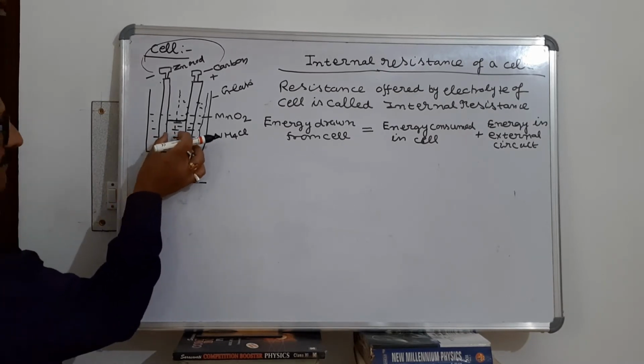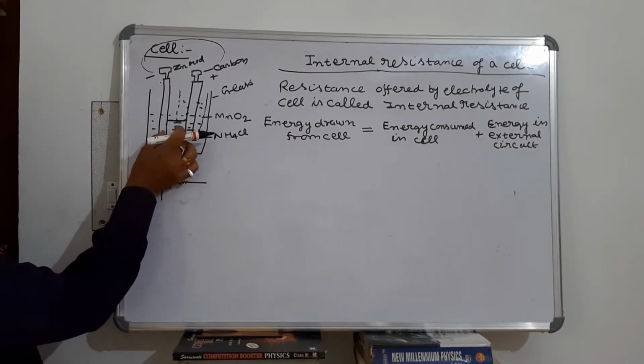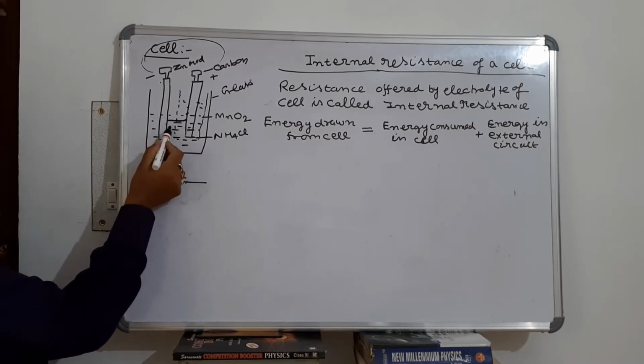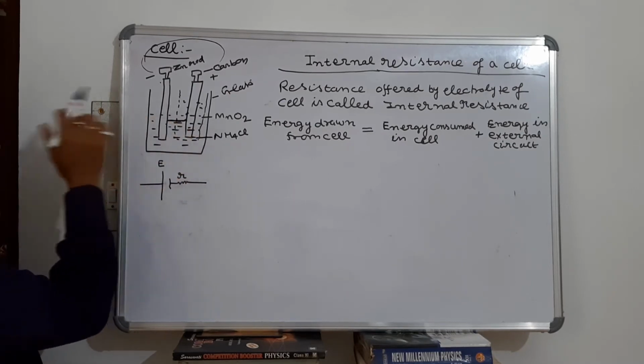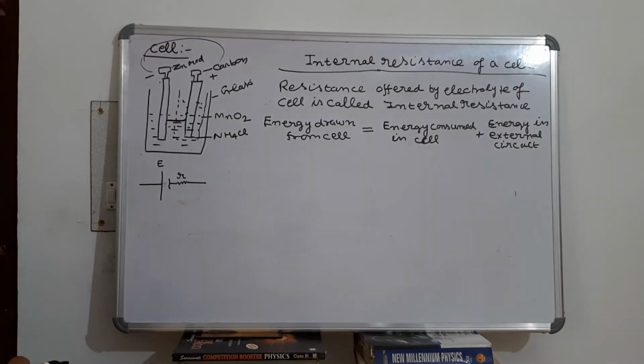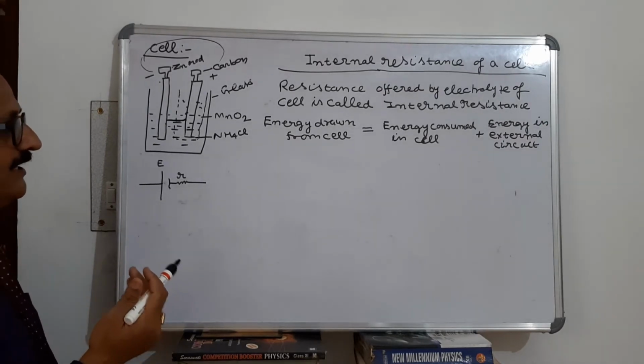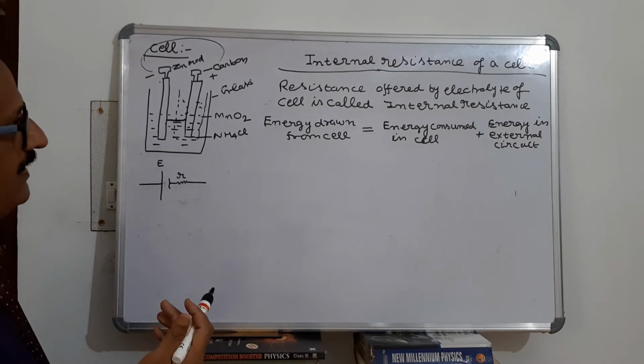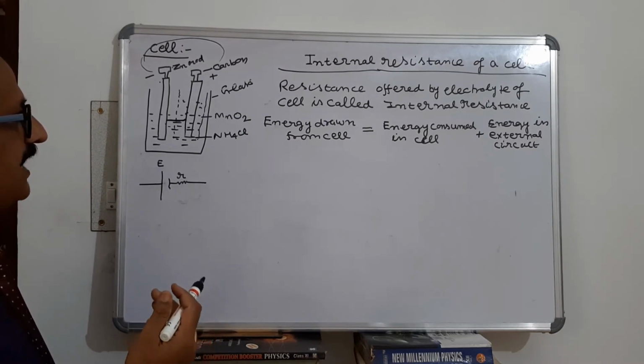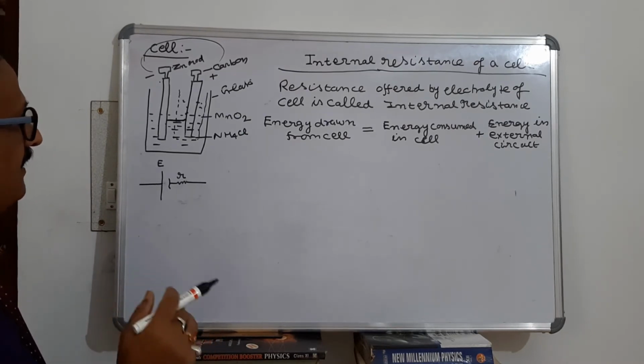Then the resistance of this path, means the resistance offered by the electrolyte of the cell, is called internal resistance.